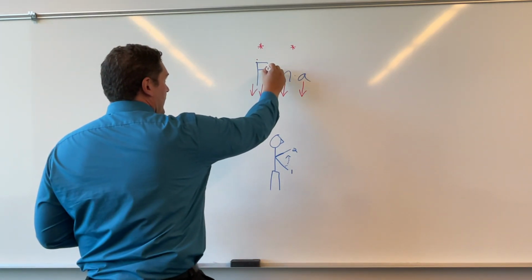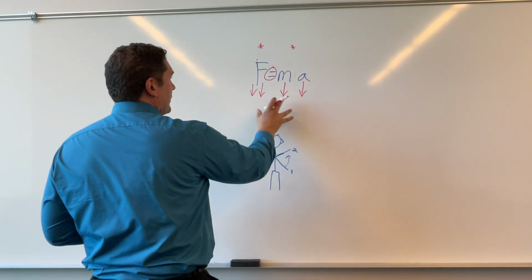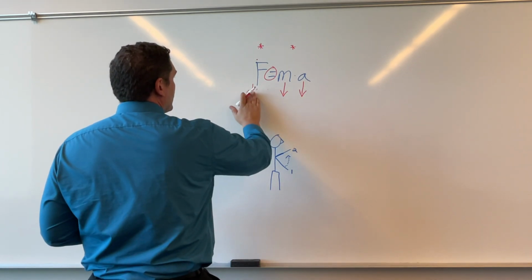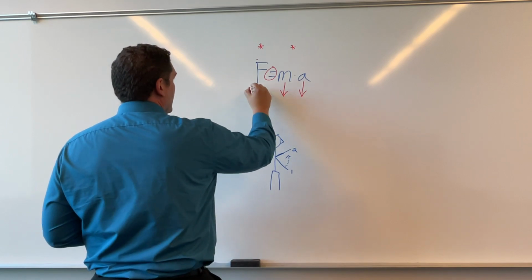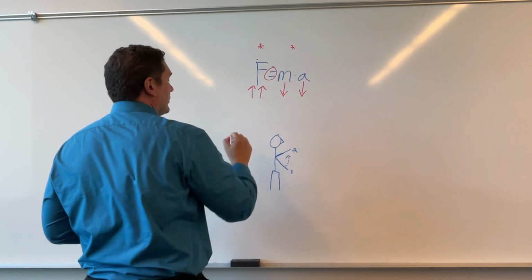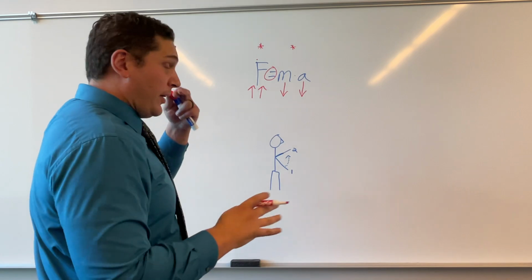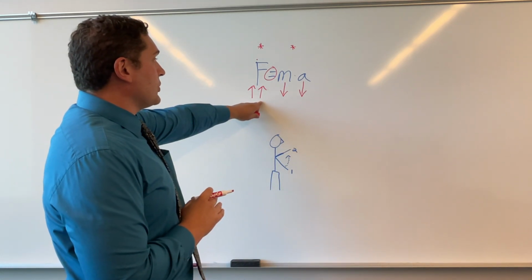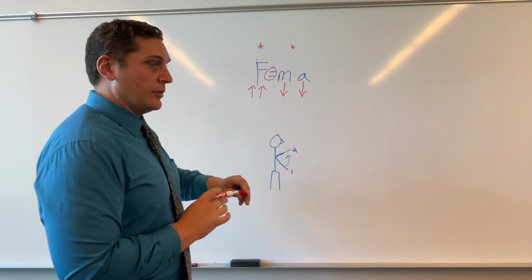If I have an equal sign here, that means this is stable. And in fact, I'm going to draw these arrows pointing up because my force is going to be going upward, okay? That was a mistake I made, but my arrows going up, my force, should equal my arrows going down, okay?